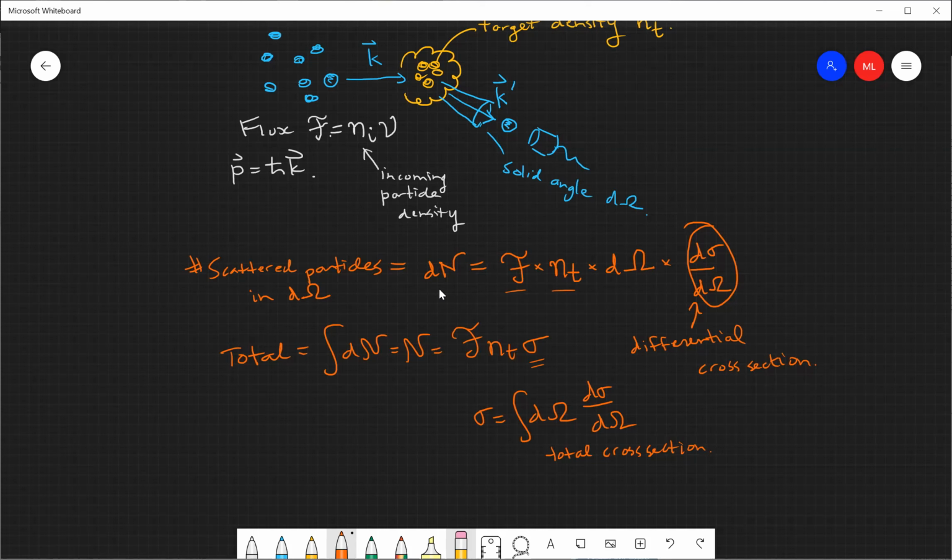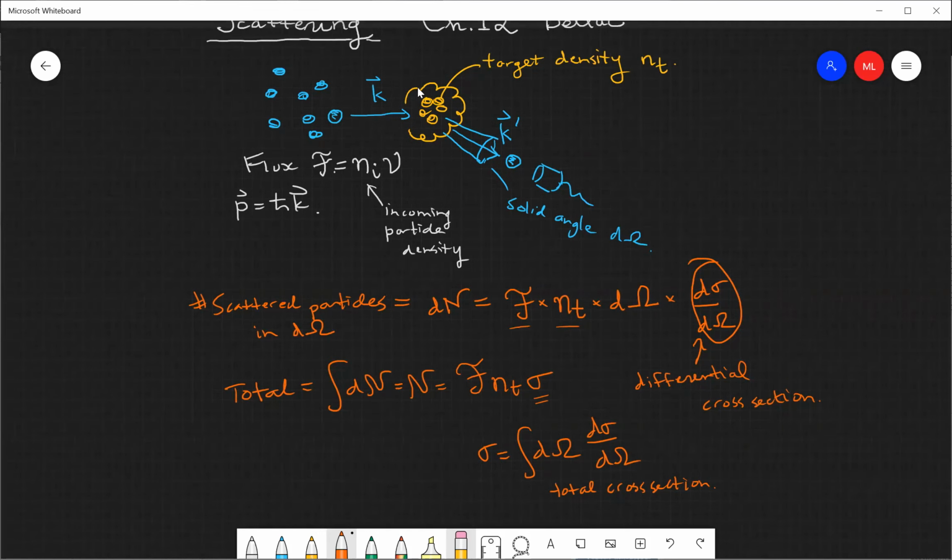Okay, and we can say more now because we also know about transition rates. And we know that in some sense, what is a scattering? A scattering happens when your particles that are coming in here, this is the initial state, come into the target.